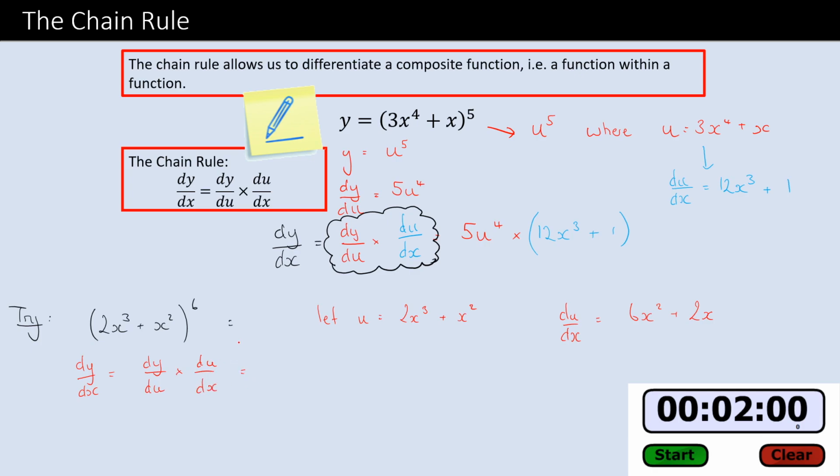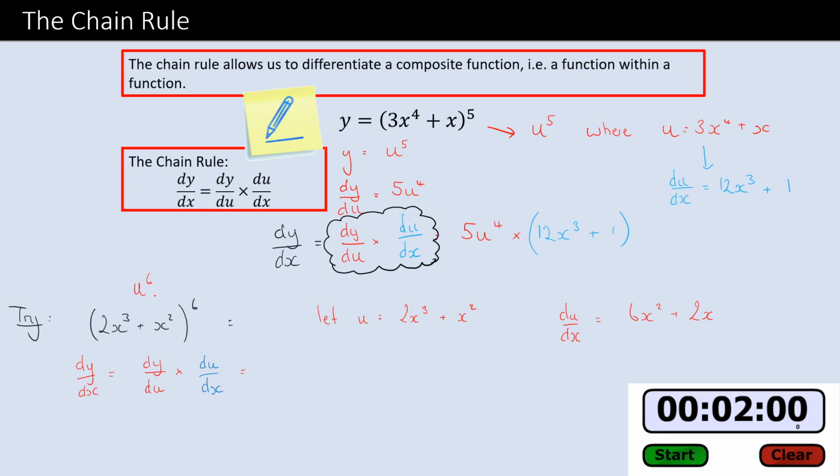I did say I was going to use different colors, so I shall. And so now I need to think dy by du. This thing, which I've got here at the moment, would become u to the power of 6, because we're going to make the thing inside the bracket the substitution.